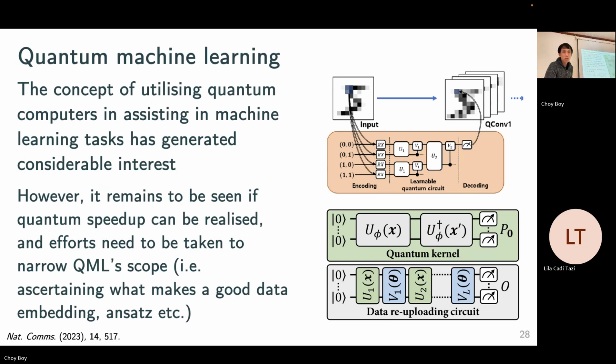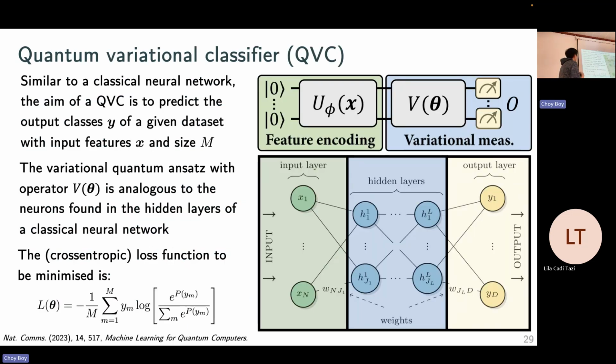So basically, for the quantum variational classifier example, it's quite similar to how we would do it on a classical neural network. So if we are given a data set with input features x and size m, we will input this in our input layer in a classical neural network. In a quantum computer, we will load this first in our feature encoding circuit.